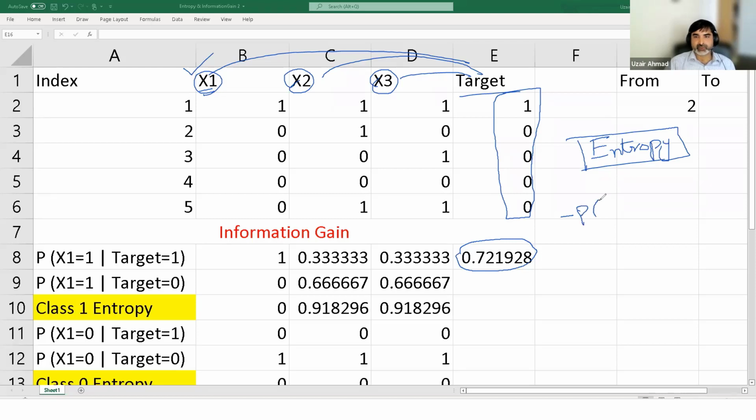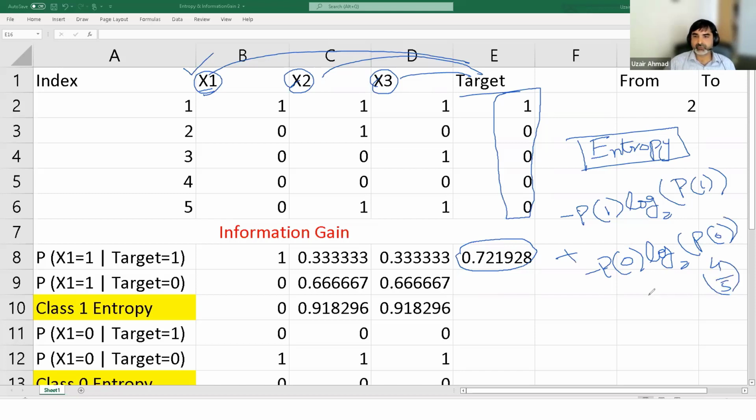Minus the probability of 1, which is 1 over 5, multiplied by log base 2 of the probability of 1 in the target, plus minus the probability of 0 multiplied by log base 2 of the probability of 0, which is 4 by 5.